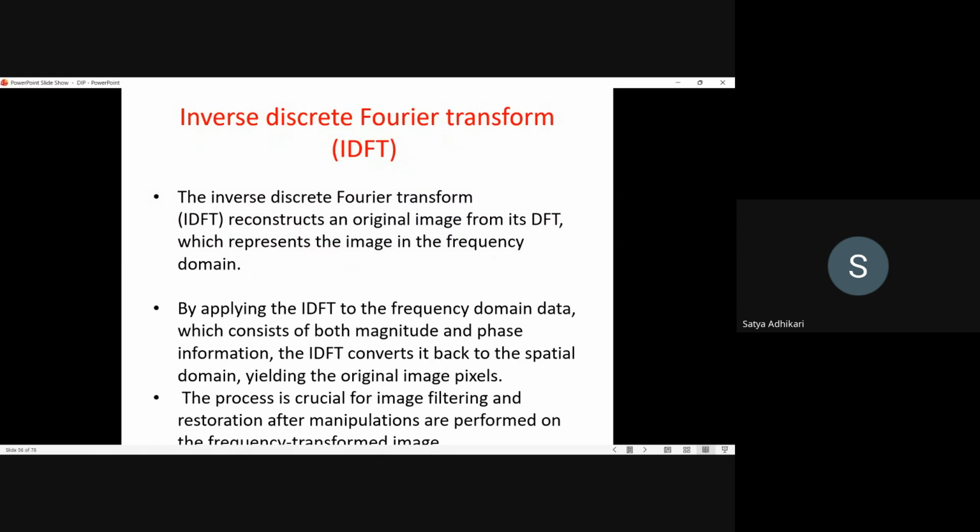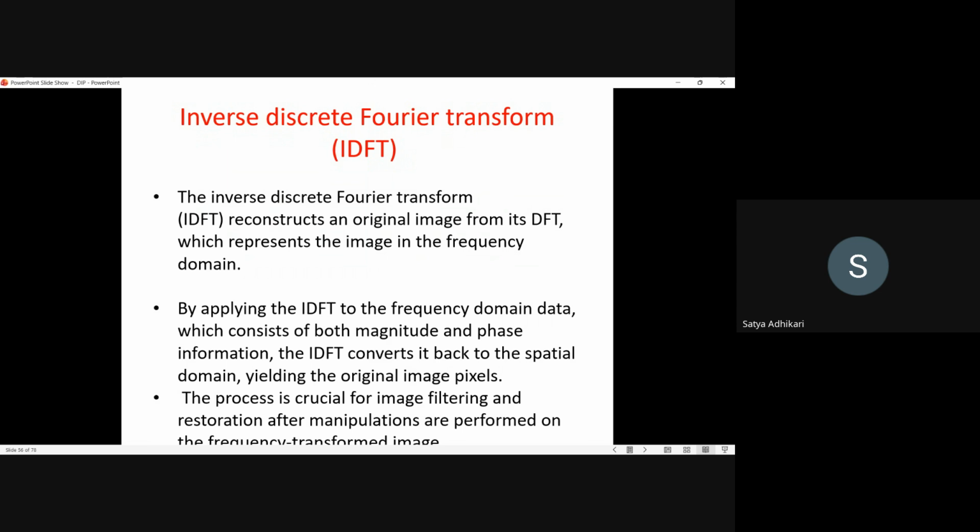After completing the operation, it needs to be converted back to its original domain, that is the spatial domain, which is achieved by applying IDFT, the inverse discrete Fourier transform. As the name suggests, it converts the transformed image, which was in the frequency domain, to the spatial domain, which is the original domain.